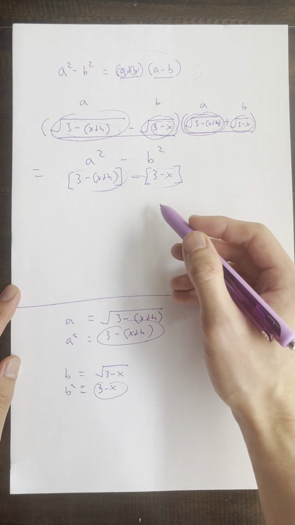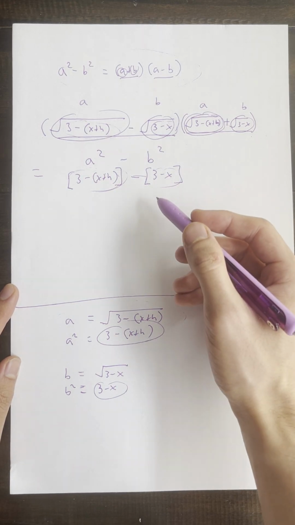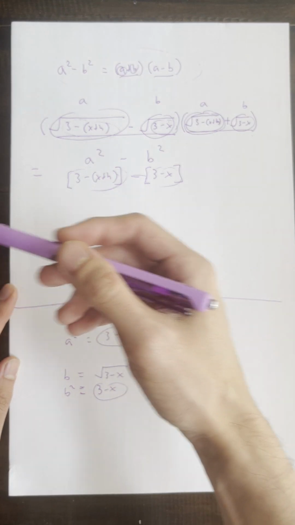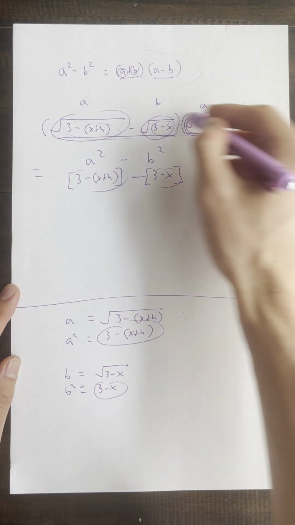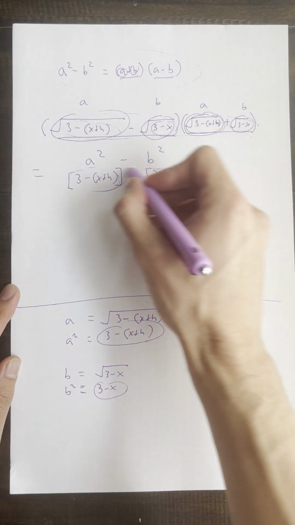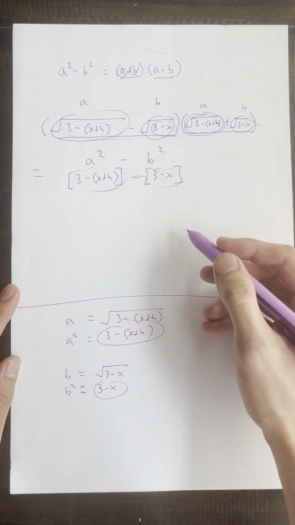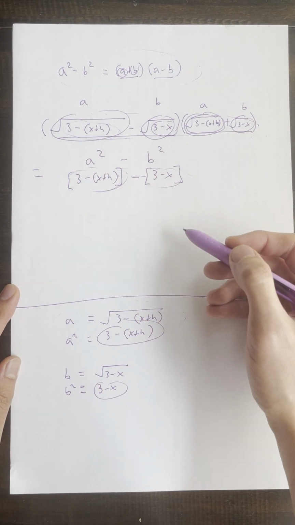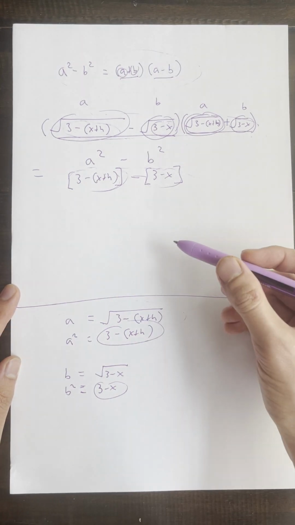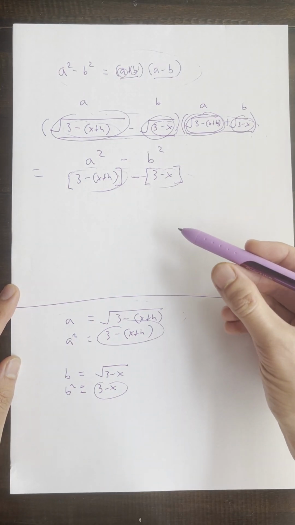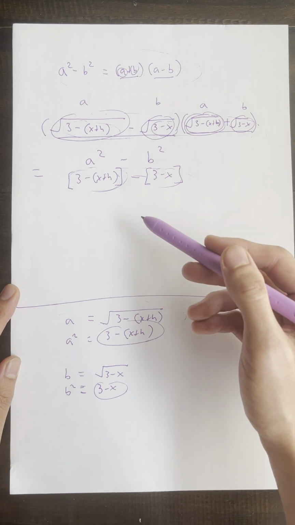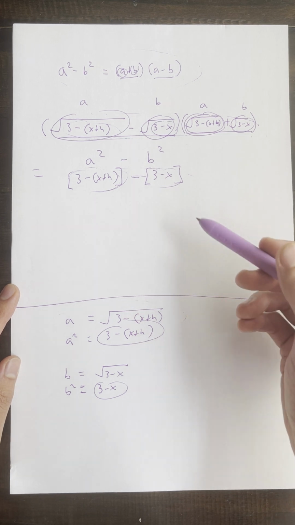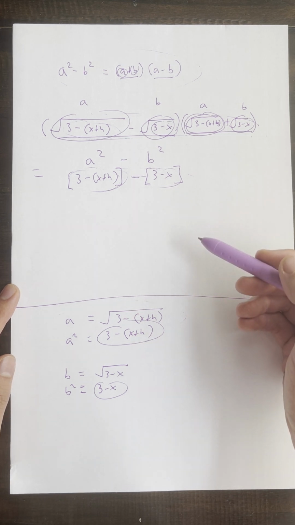Okay, so for the next step on our worksheet, the only thing that's going to change is this gets changed to this. And by the way, everything that I write in purple, you don't have to write when you show your work on the worksheet. I just do this to explain why stuff works.